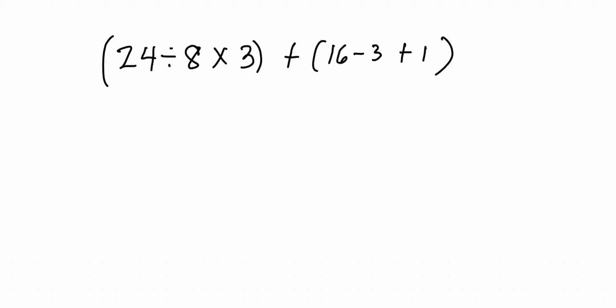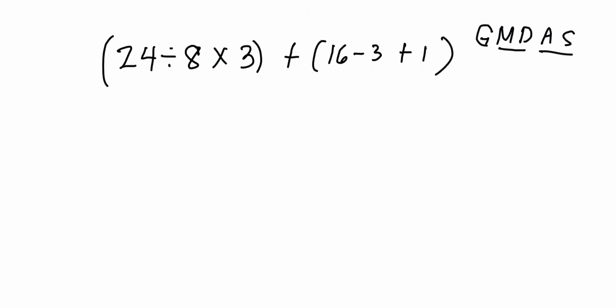Okay, next problem. We're going to find the sum of 24 divided by 8 times 3, and the answer in 16 minus 3 plus 1. So let's apply the GMDAS rule. Multiplication and division first before the addition and subtraction.